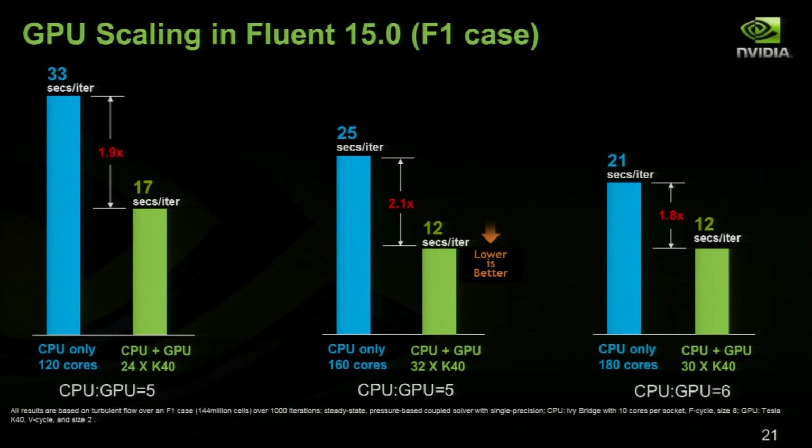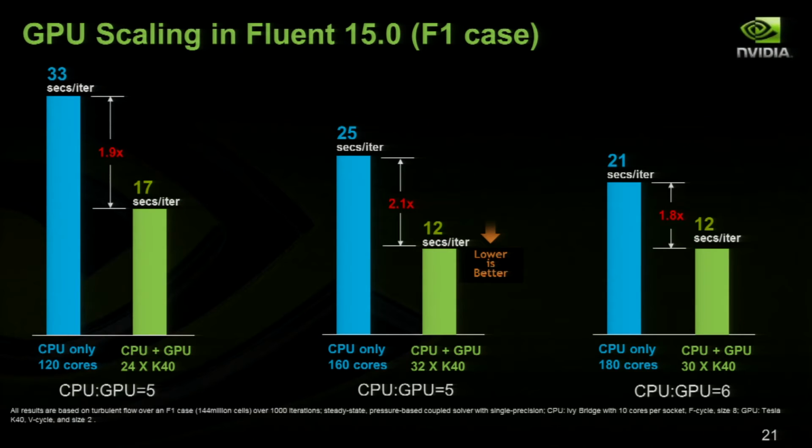The other is to change the CPU to GPU ratio itself. If you take the first set, run on 120 CPU cores and 24 K40s, we're getting about 1.9x. I'm keeping the same CPU to GPU ratio of 5 here in the middle chart, but now I am increasing my CPU count and my GPU count.